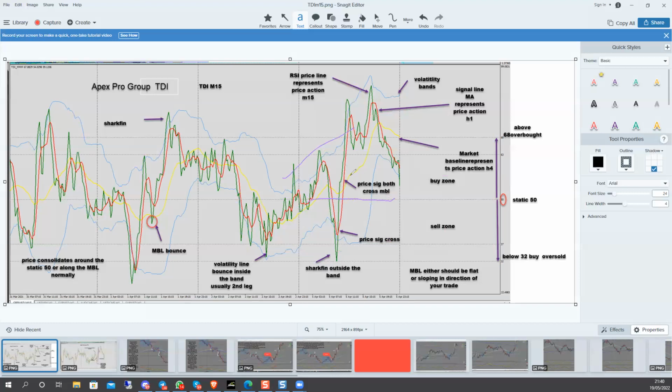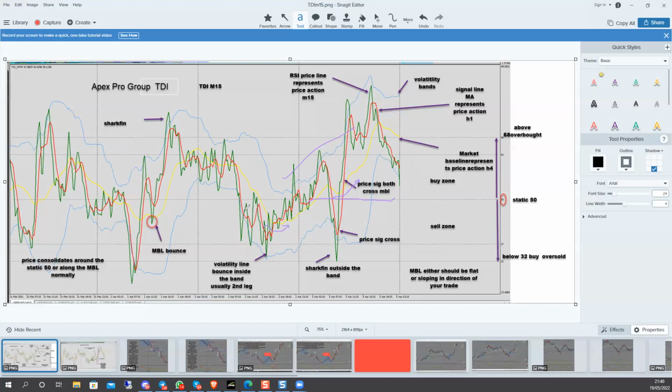If it's above the 50, then you're buying. If it's above the market baseline, you're probably buying. If you're buying, the market baseline should be flat or tilted upwards, not downwards. The market baseline can tell you when the dealer is done stop hunting, because it will turn.